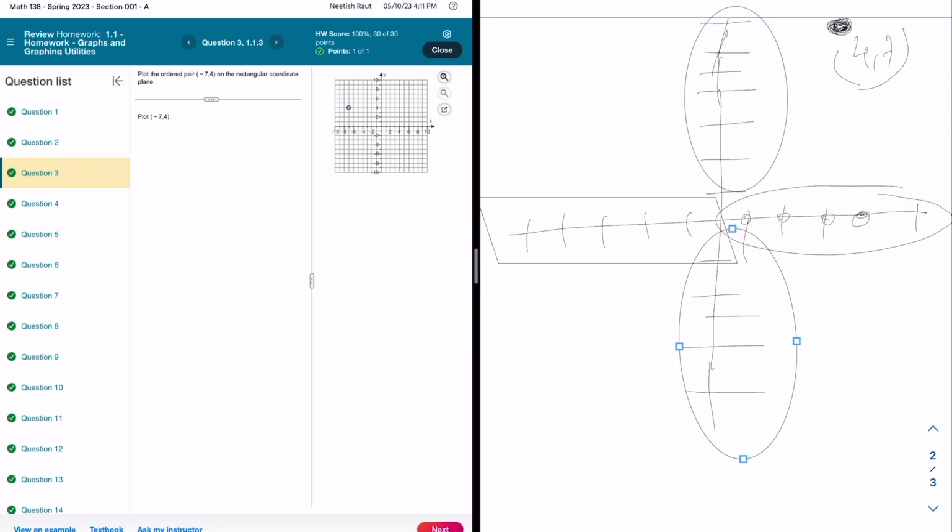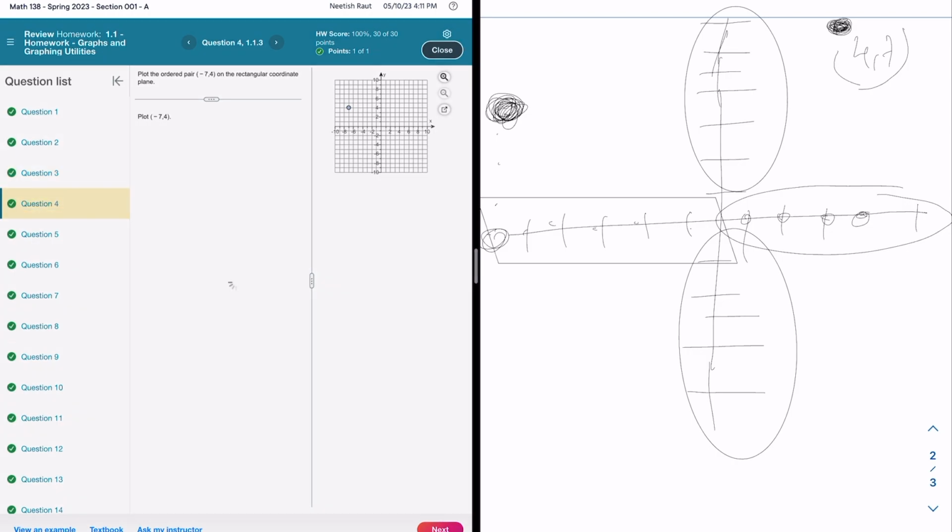First we have the x coordinate minus 7, so we will shift to our left-hand side. Minus 1 minus 2 minus 3 minus 4 minus 5 minus 6 minus 7, it will be here, right? And after that we have positive 4, so positive will go upward, 1 2 3 4. So our last point will be this, (-7, 4).